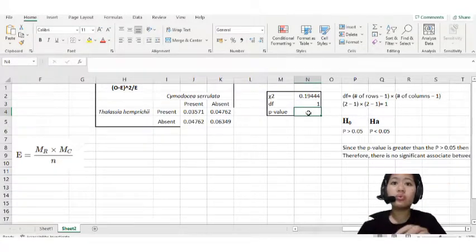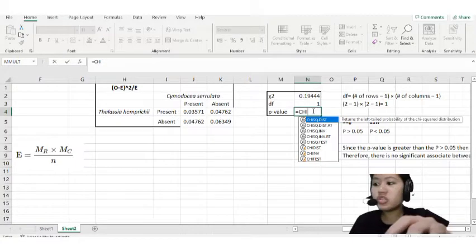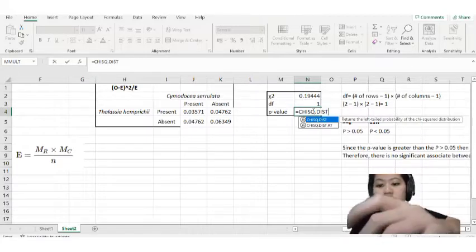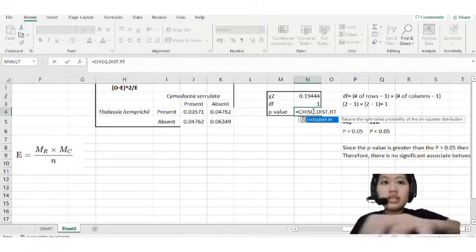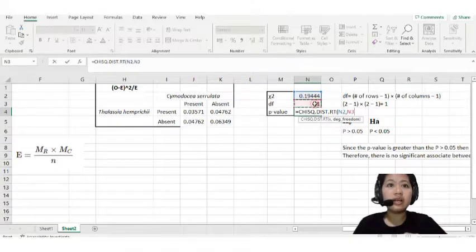To get the p-value, we must use this function command: equals CHISQ.DIST.RT, then open parentheses, the chi-square value, then comma, then 1, the degree of freedom, close parentheses, and enter.